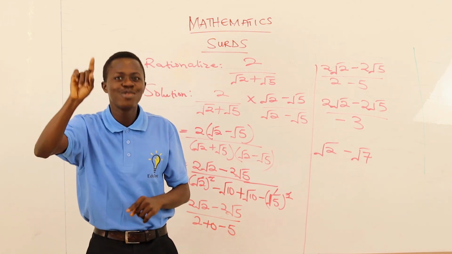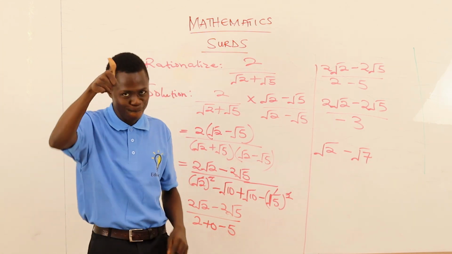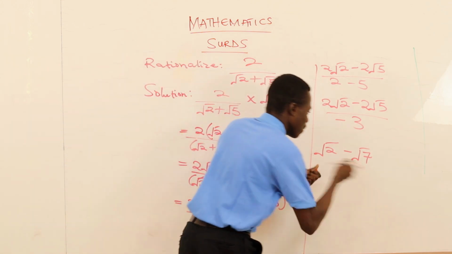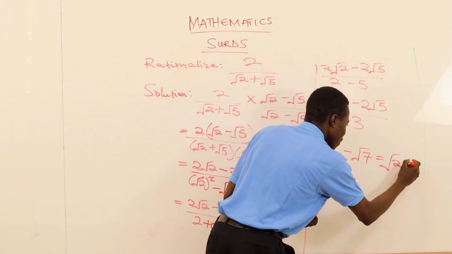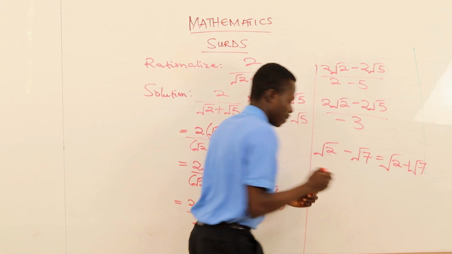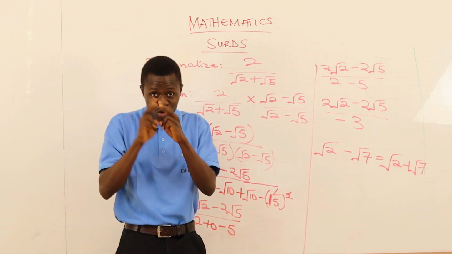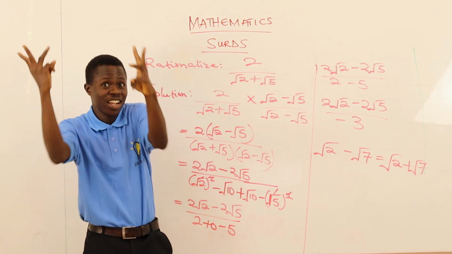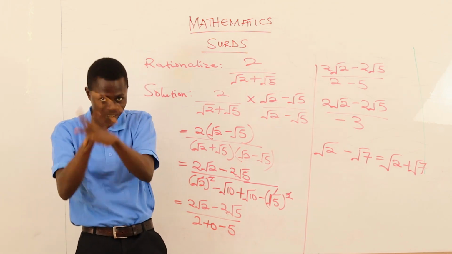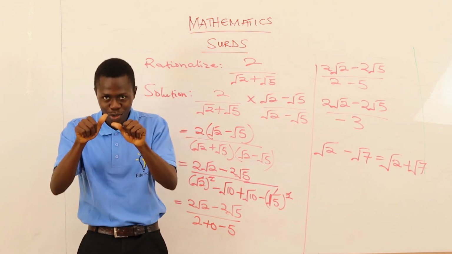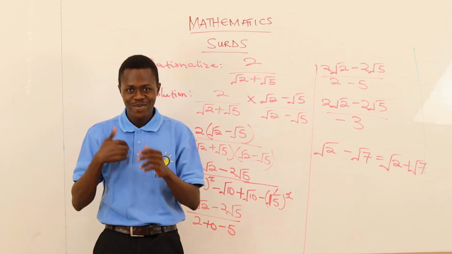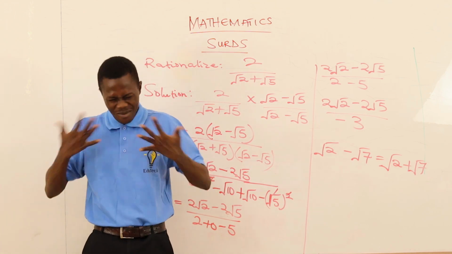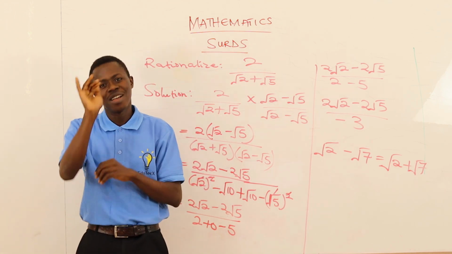The answer would be square root of 2 plus square root of 7. That will be the conjugate said. So if you get your conjugate said, then you multiply it by the numerator and the denominator and continue from there.